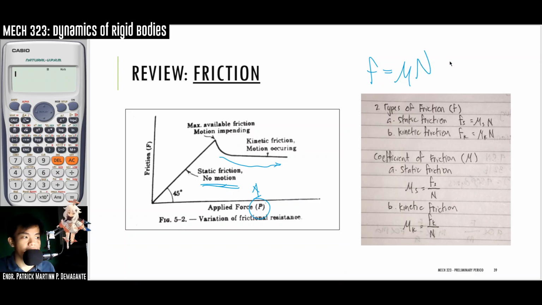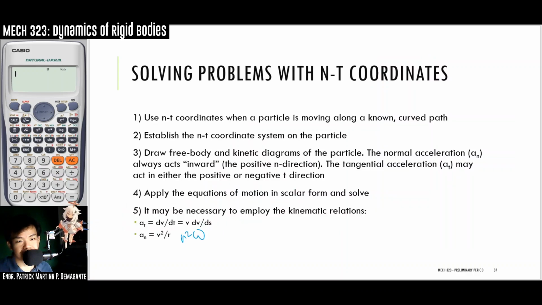Then, N is the normal force, the force exerted by the surface. Why normal? Because it is always a force perpendicular to our surface, like the normal in our NT coordinates. It is 90 degrees, or perpendicular to our tangent.